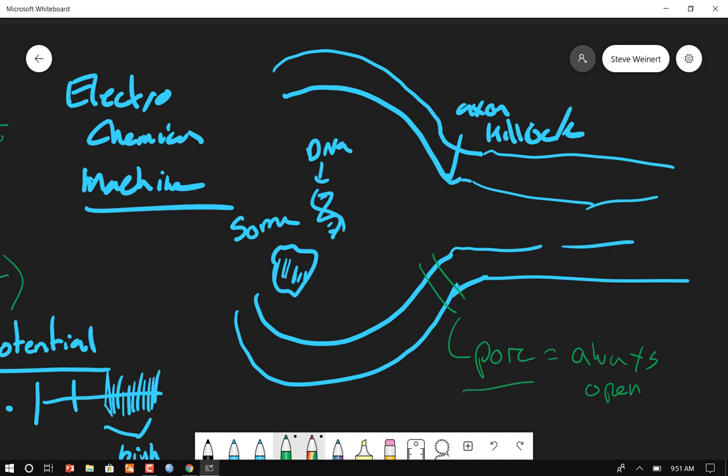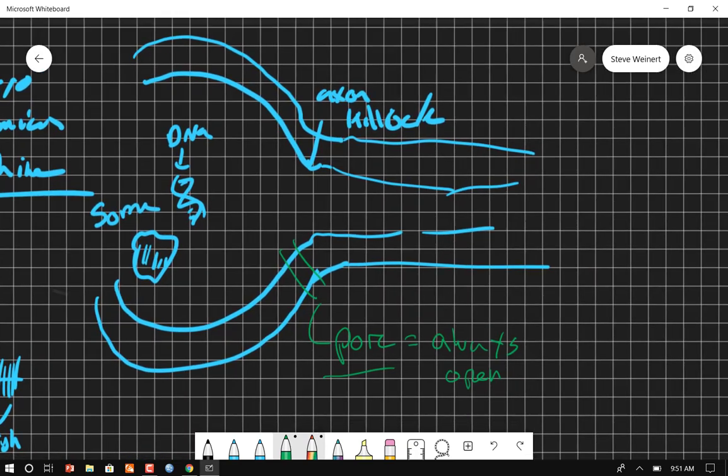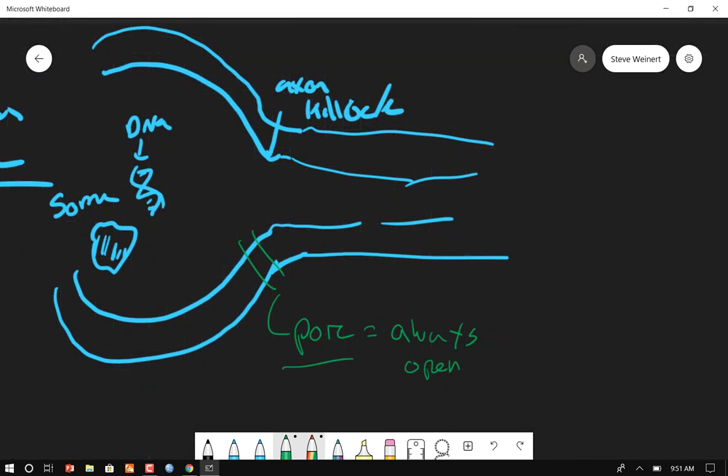Pores are membrane-spanning proteins that are little holes, and they're always open. So far, so good? So I'm going to erase the connection here. Okay, so I just poke a hole in my membrane.